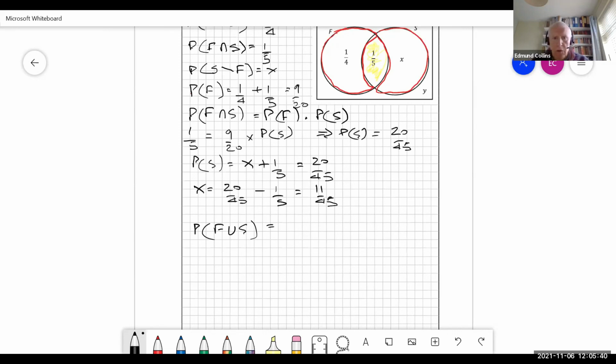We know that f union s is a quarter plus a fifth plus x, which is 11/45. And you can do the workings yourself if you like, but that comes out to 625/900.